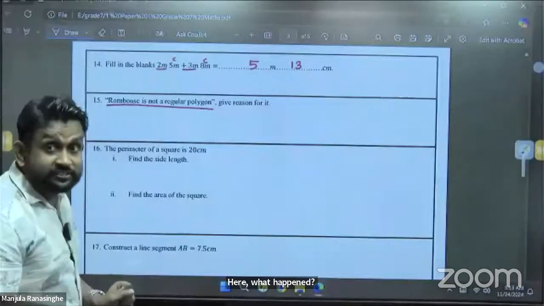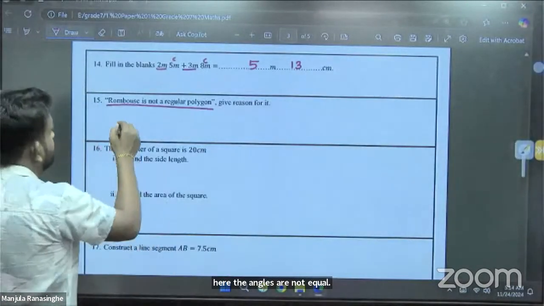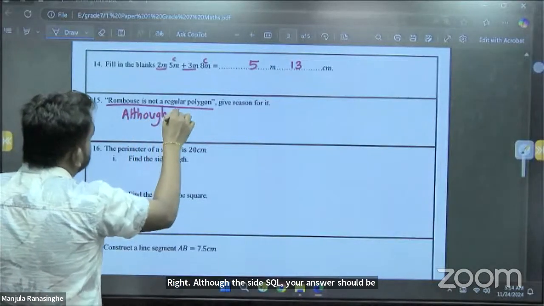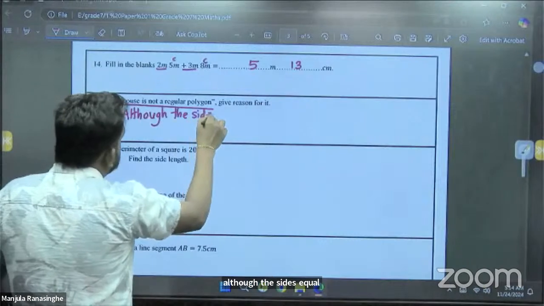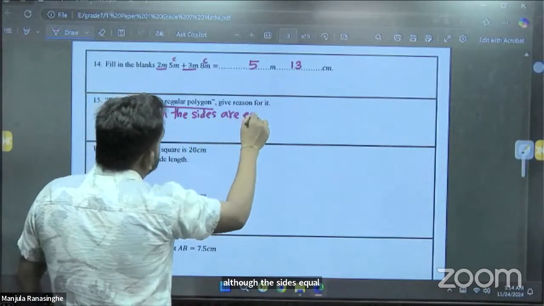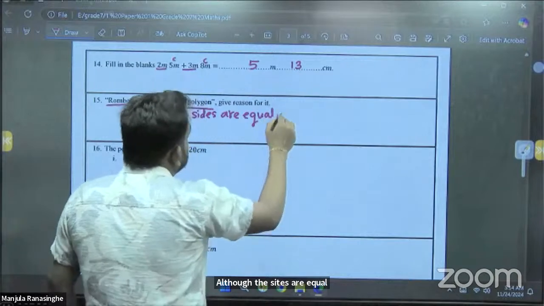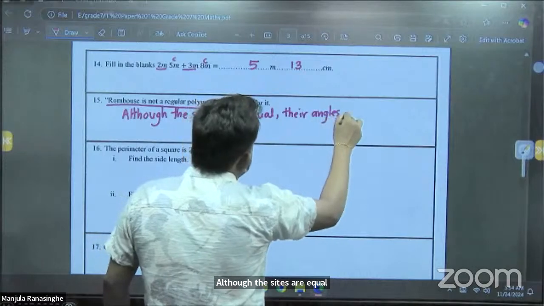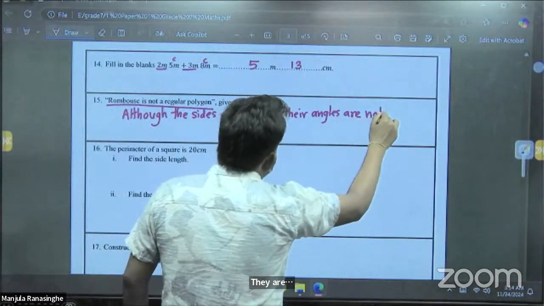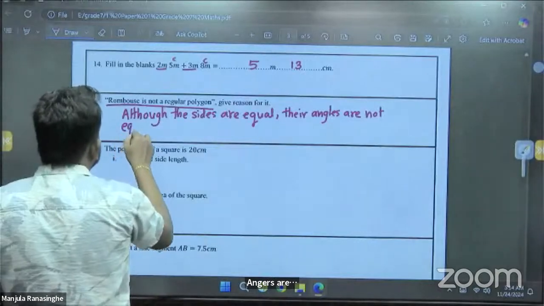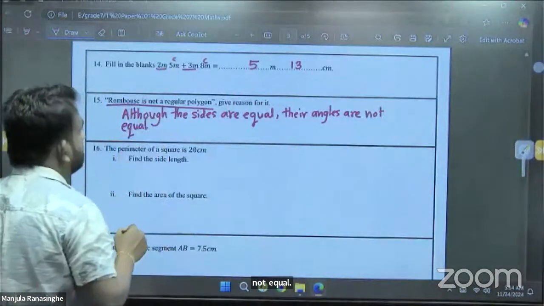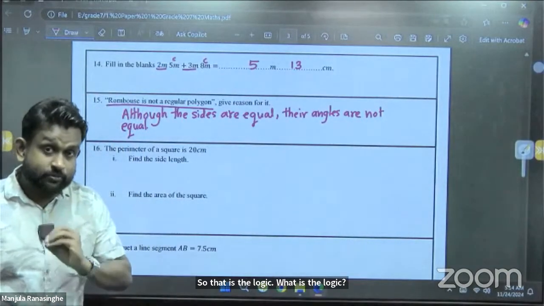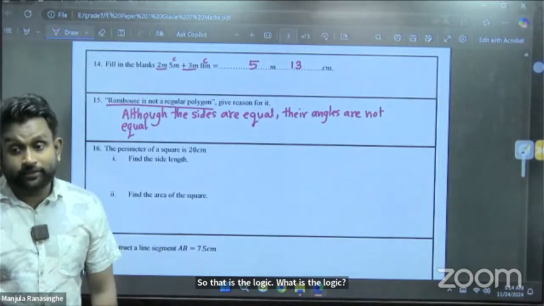Your answer should be: although the sides are equal, their angles are not equal. So that is the logic. What is the logic? Here, although the sides are equal, their angles are not equal.